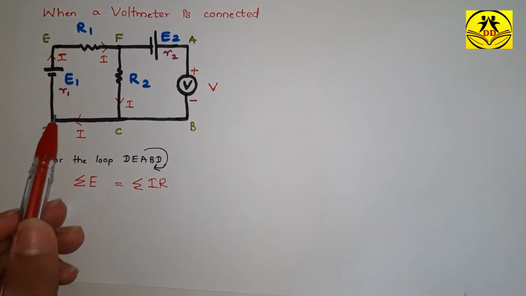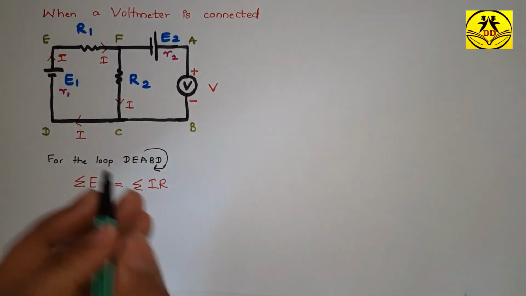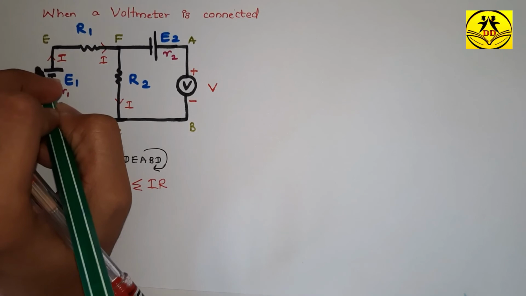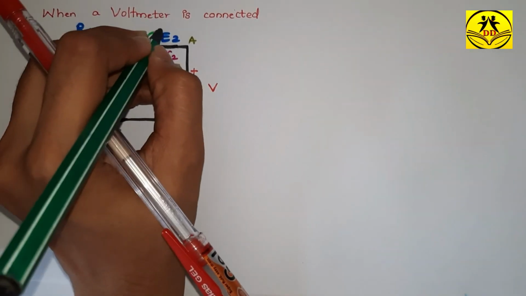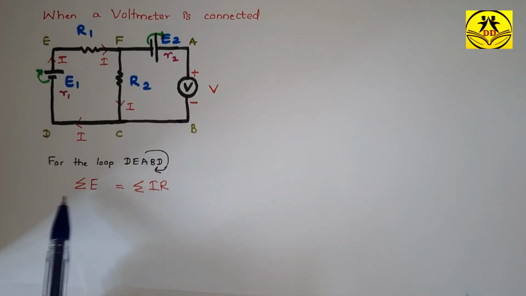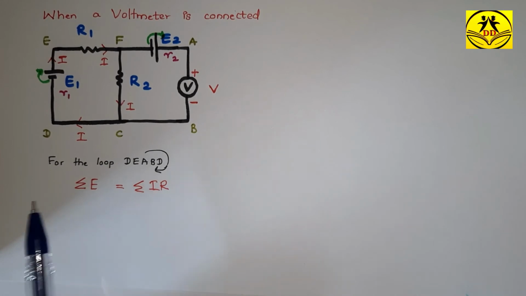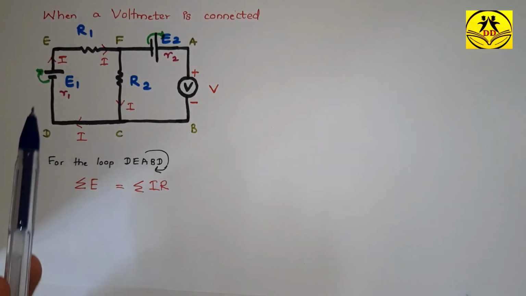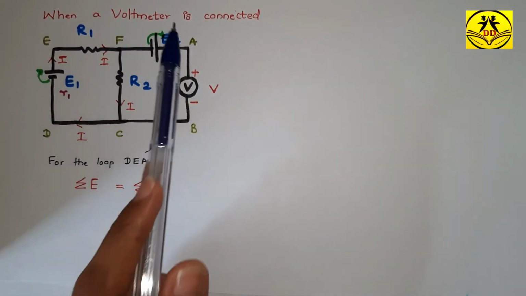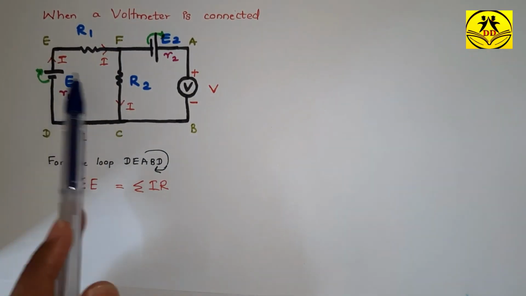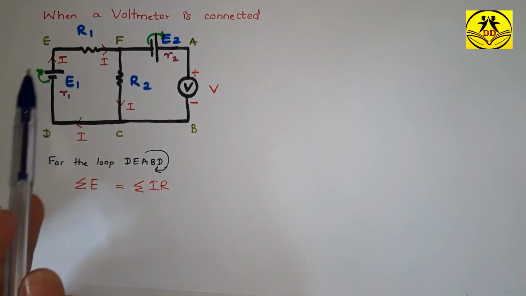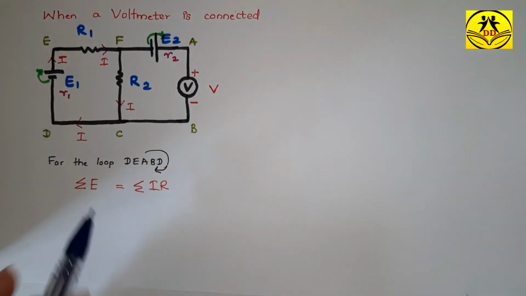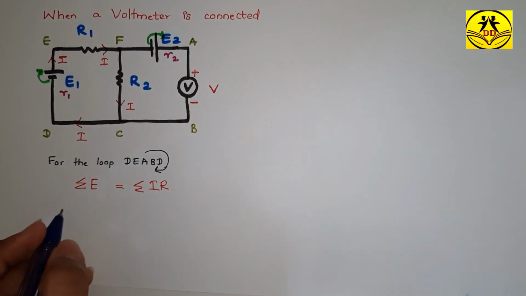So what do you see here? The direction of the EMF of this is towards this direction, this towards this direction. When finding sigma E, you don't consider the direction of currents, you only consider the direction of the loop. So you have two cells with the EMFs in the same direction as the loop, so they are written as plus.